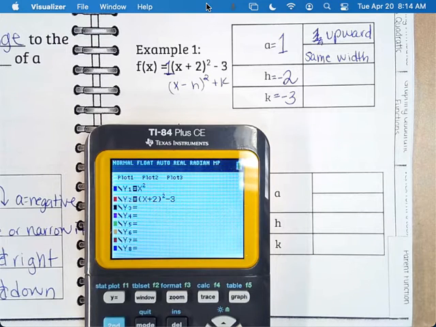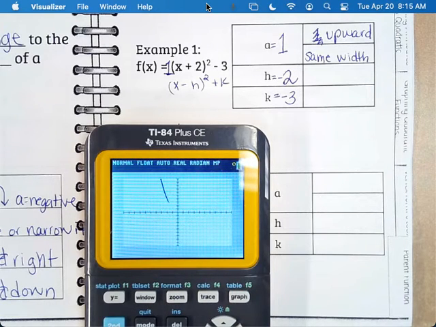So y1 and y2 should be on your y equals page. Okay, hit graph. Let's compare. The first one that's graphed, the blue one, is y equals x squared, and the red one is our new function.